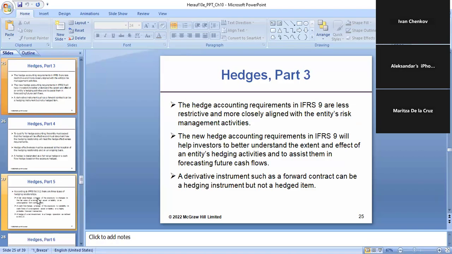The hedge accounting requirements in International Financial Reporting Standard 9 are less restrictive and more closely aligned with the entity's risk management activities. The new hedge accounting requirements will help investors better understand the extent and effect of the entity's hedging activity and assist them with forecasting future cash flow.